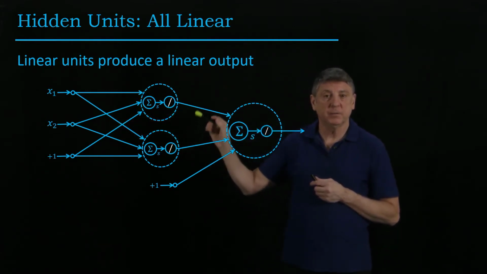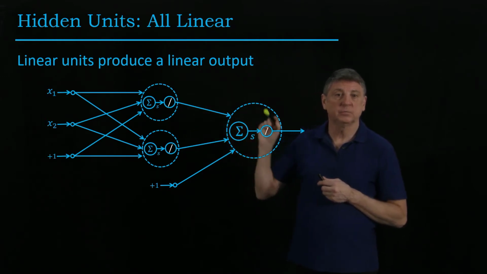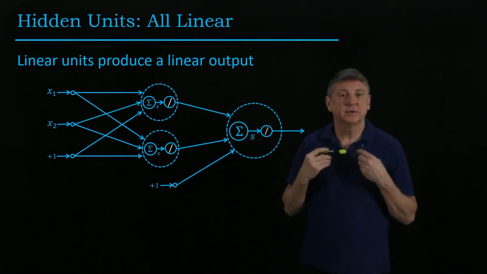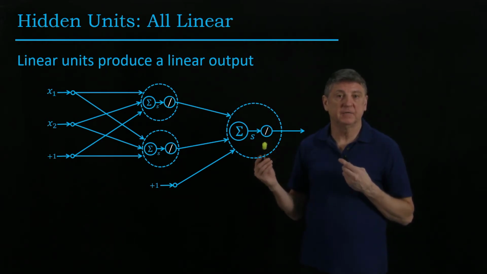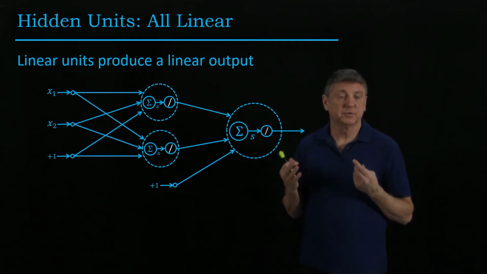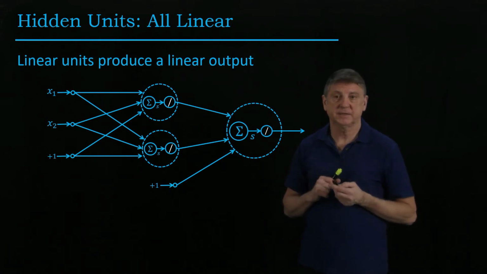So if our network has all linear responses, then there's no way that we can get beyond this difficulty: there are certain things that it just can't recognize.